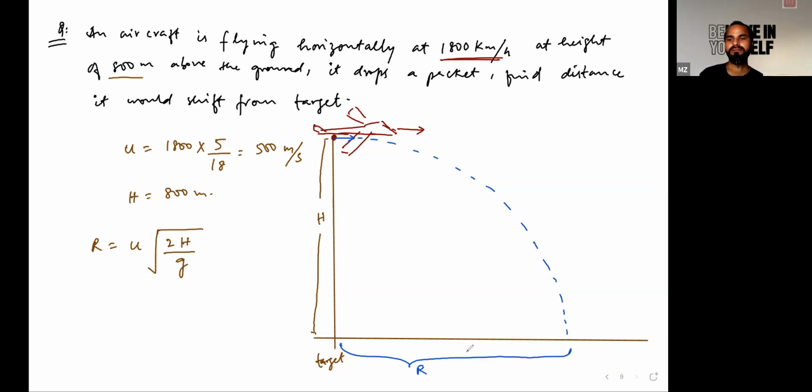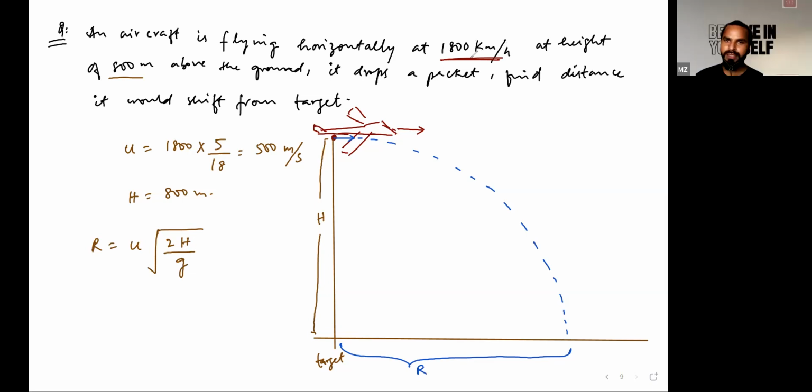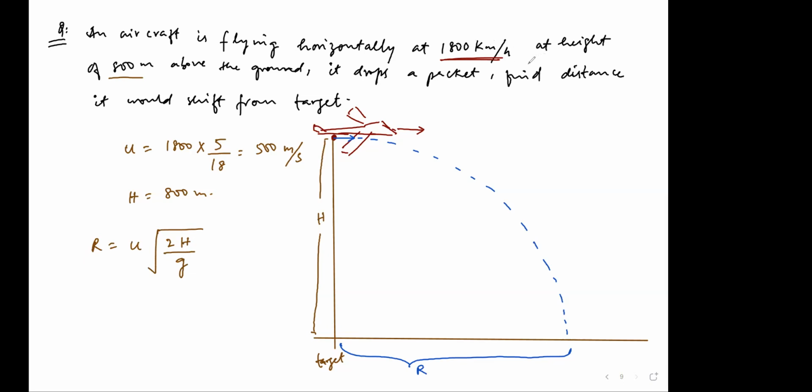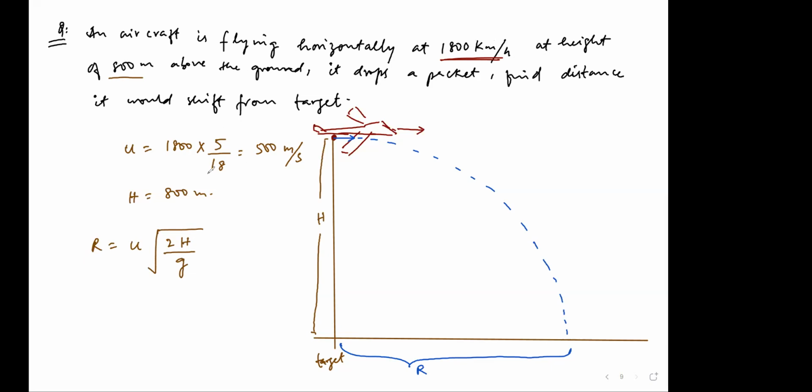Sir, 5 by 18, I'm confused. Since this term is in kilometers per hour, I have to convert it into meters per second, so I have to multiply it by 5 by 18. I did it without converting. Okay.